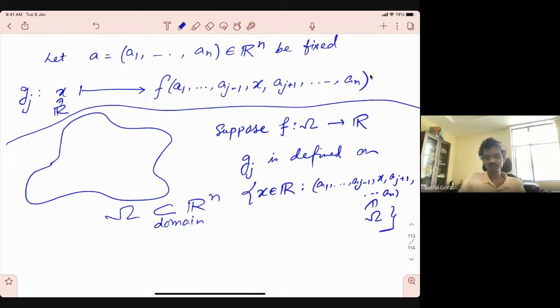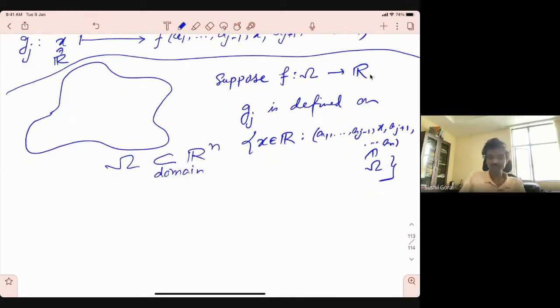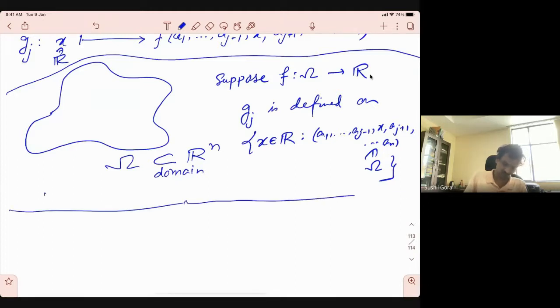So it's basically the jth projection you are looking at, from Rn into R, and you are looking at the image of omega. This may not be an interval, but for every point you will have an open interval containing that point.